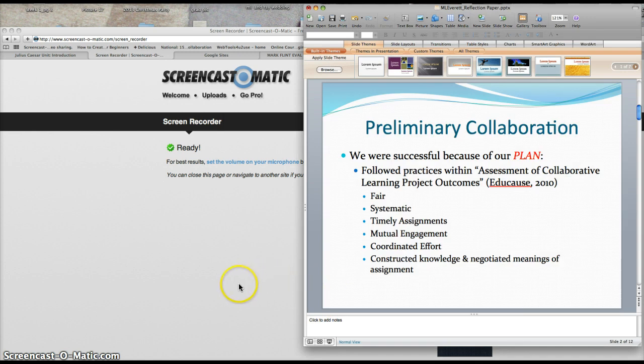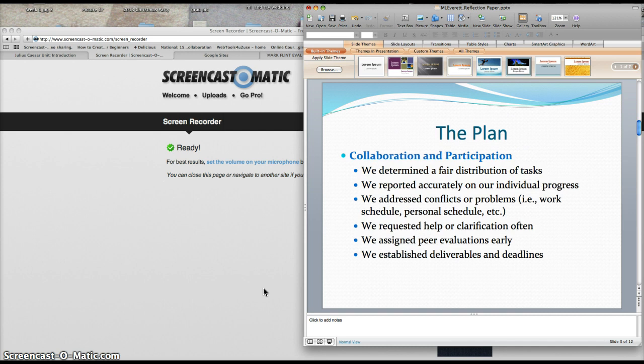My preliminary collaboration was a huge success, and I believe it was because Robin, Mark, and I made a plan, and we followed the practices within the assessment of collaborative learning project outcomes, which was a huge help to us to visualize what we needed to do.